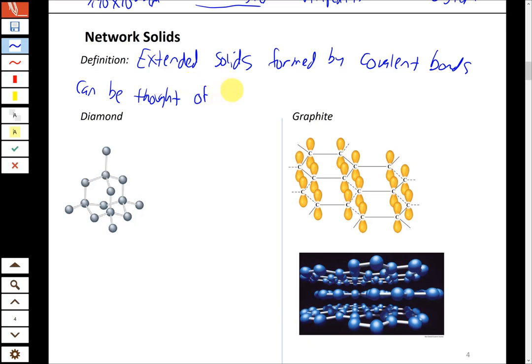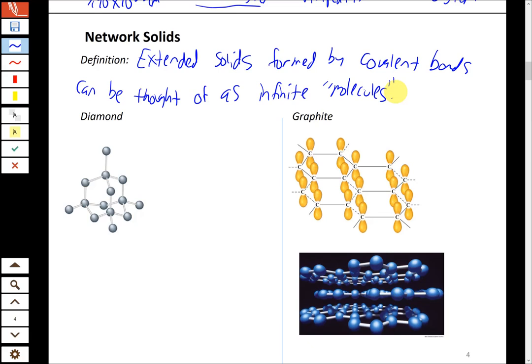So it has that same localized covalent bonding that we talked about, or delocalized in some senses as well, depending on the context. But these are just bonded in all directions forever. It's not just a discrete single molecule, but it goes on forever and ever in all directions. There are a few different classifications within this.